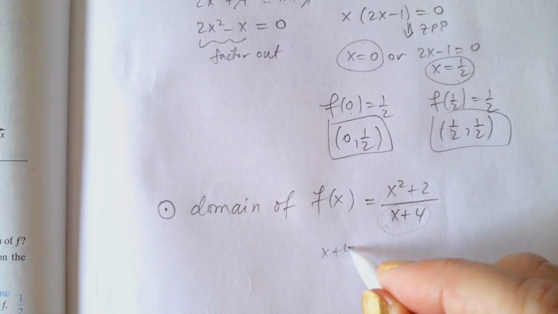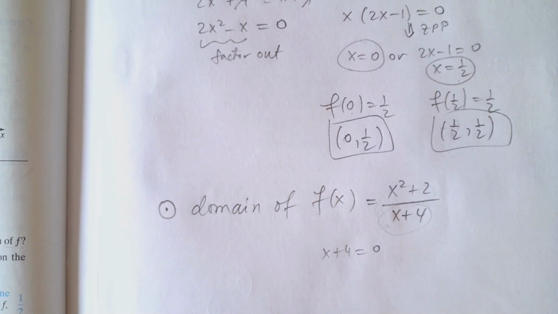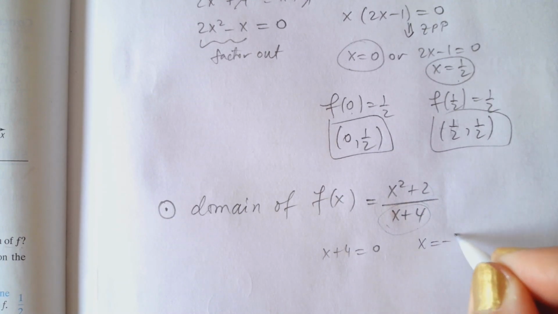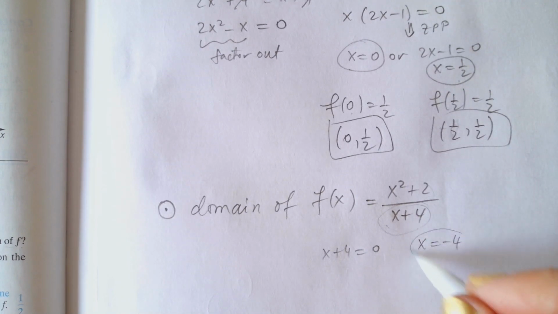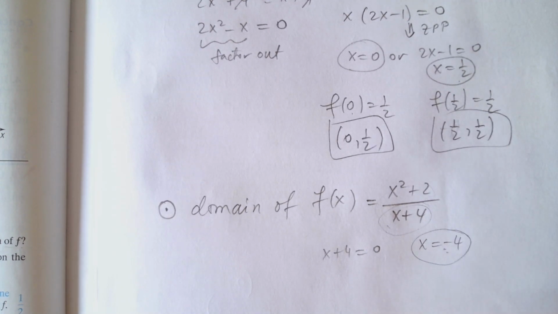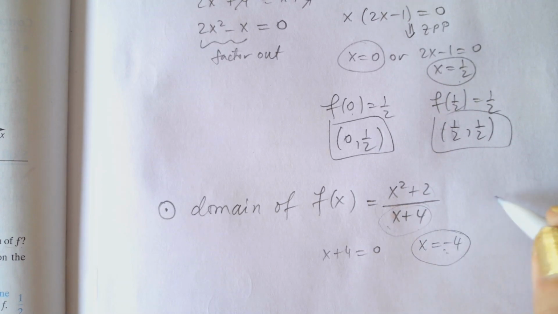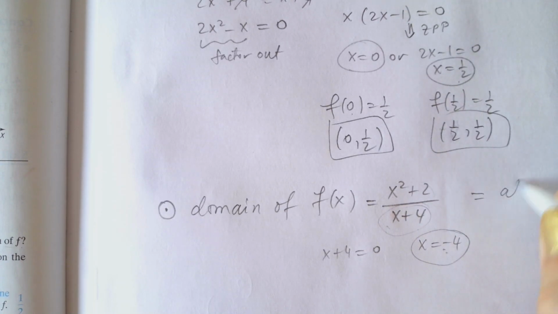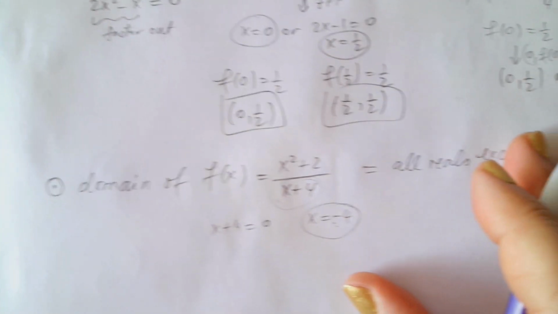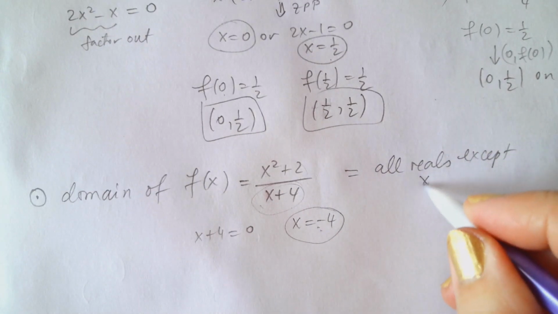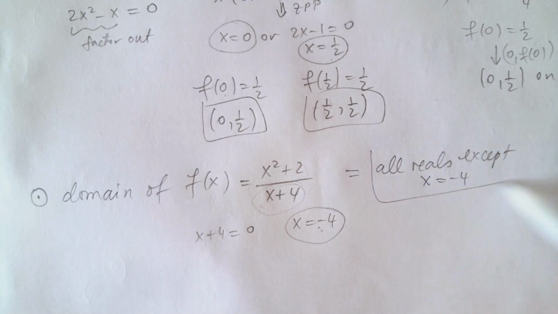If I calculate this separately, I want to see when the denominator is 0. I can see that the denominator is 0 for x equals minus 4. So the domain will be all real numbers except the value that makes the denominator 0. So this will be all reals except x equals minus 4. This is the domain.